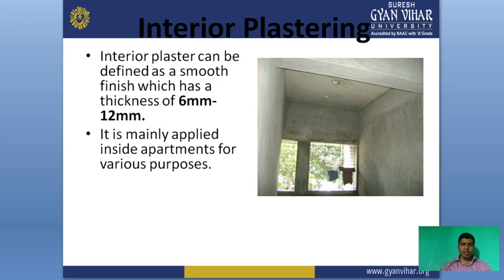It is mainly applied, as I told you earlier, inside apartments for various purposes. Interior plaster is used inside our houses. The interior plaster thickness should be 6 mm to 12 mm.